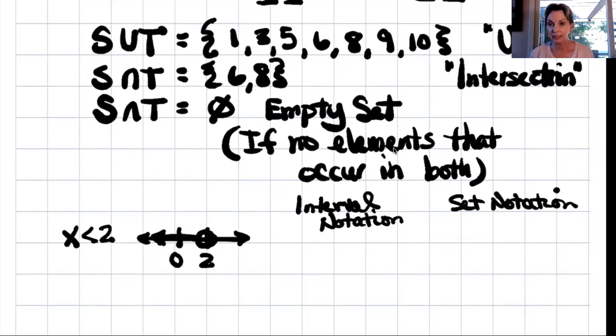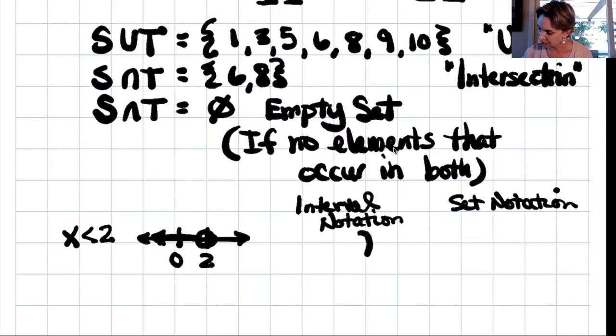Okay, interval notation, just take the values that are included in that expression, okay? And if it includes the value on the side, you do a bracket. If it doesn't actually include that number, you use a parenthesis. So in this case, the right-hand side doesn't actually include the 2.